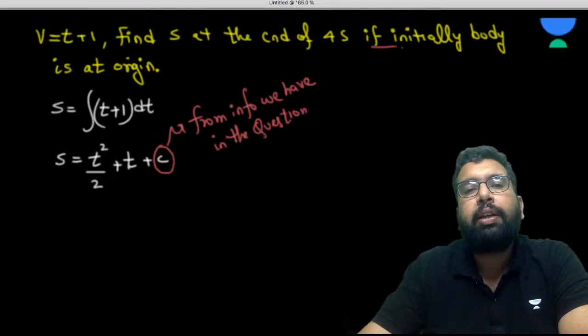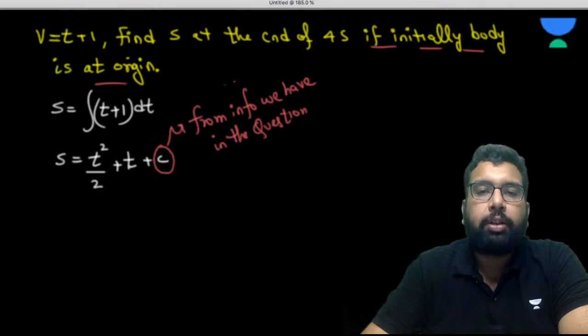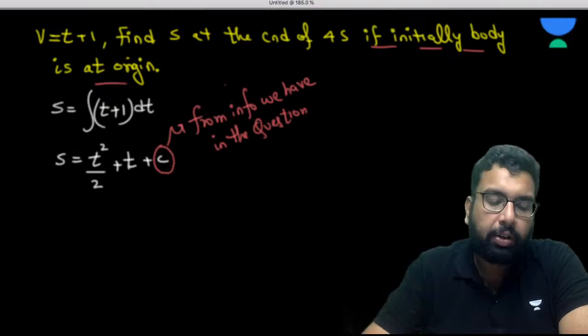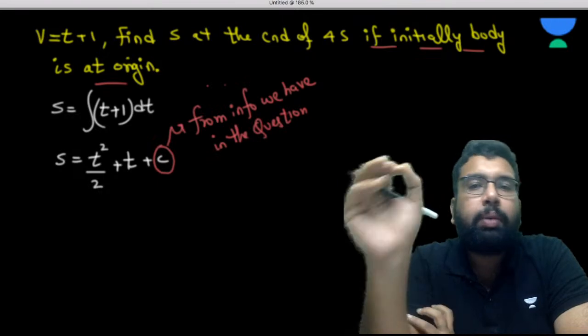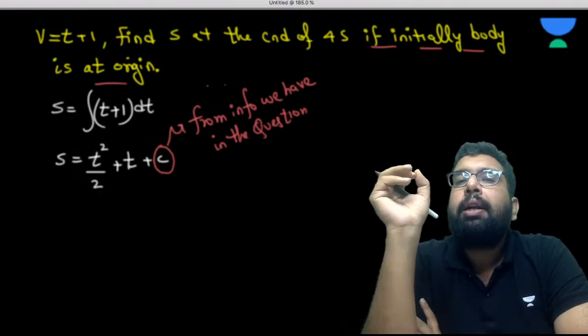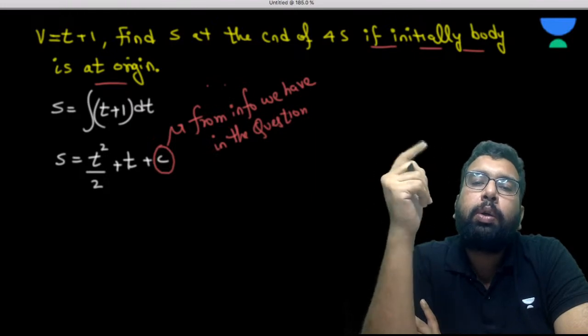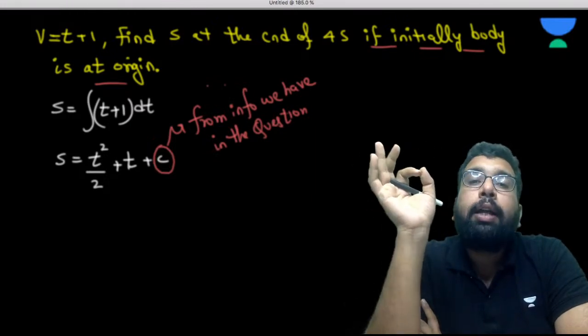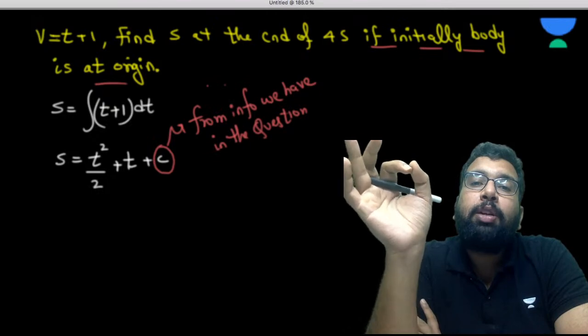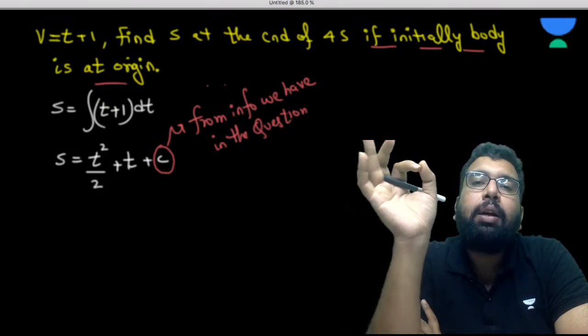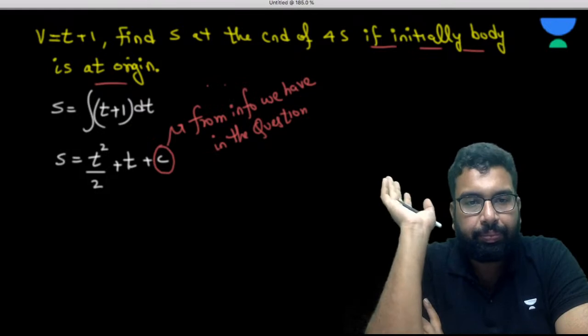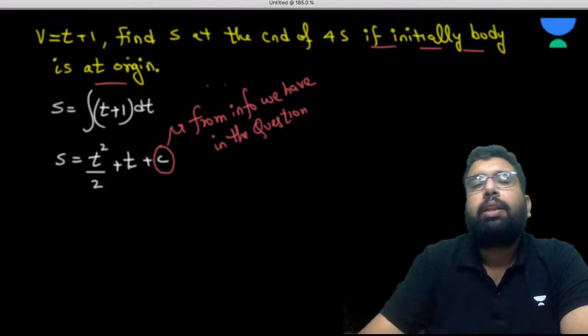If initially the body is at origin, we need to use that information. The point is that in order to get the value of the constant of integration, you need to look into the question only. The question will give you some information which will help you to find the constant of integration.